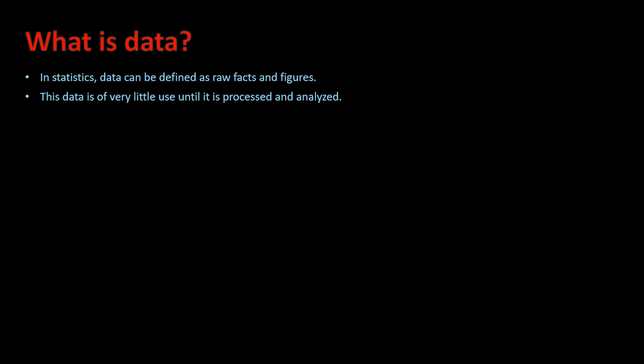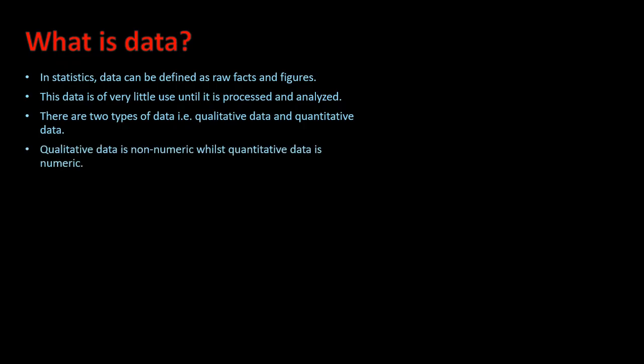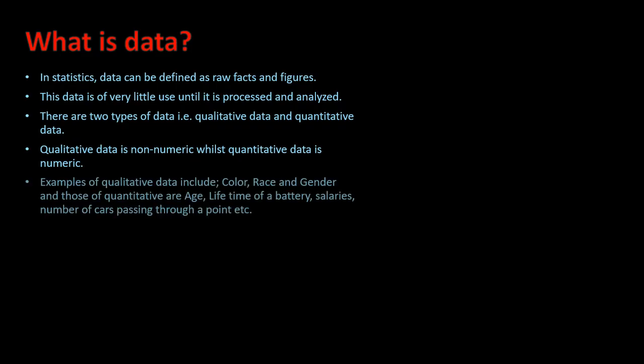The data that we talk about in statistics usually is either qualitative or quantitative. What is the difference between qualitative and quantitative data? Qualitative data is non-numeric, whilst quantitative data is numeric. What are the examples?